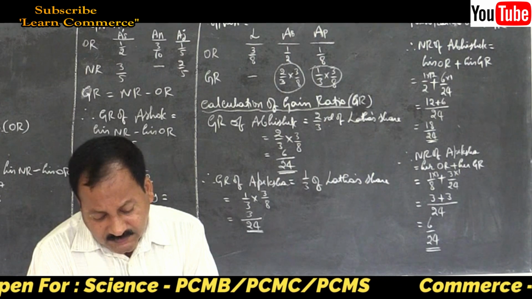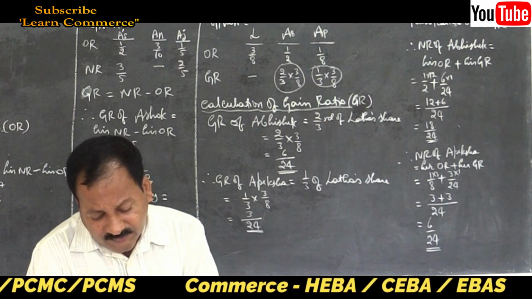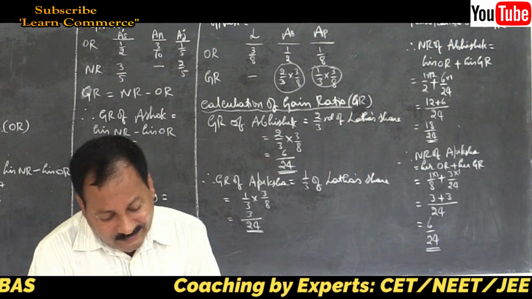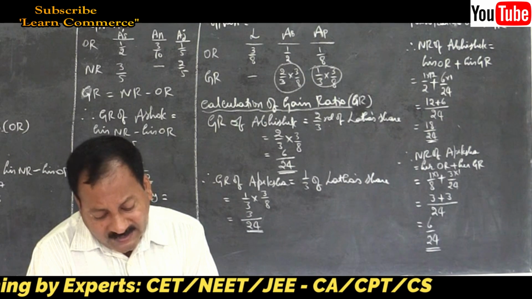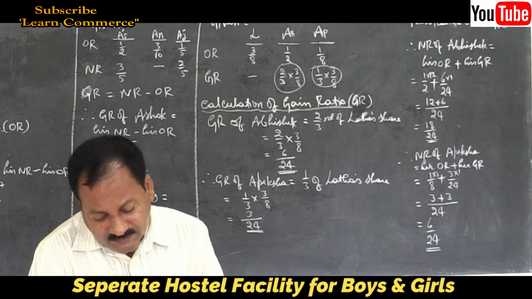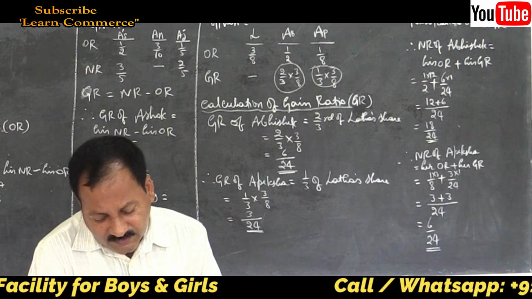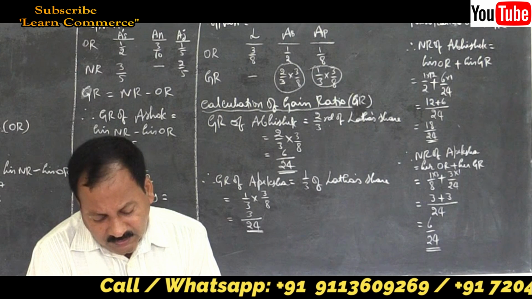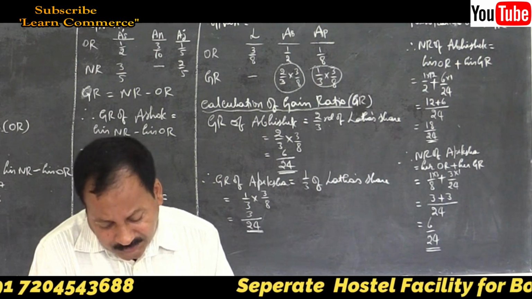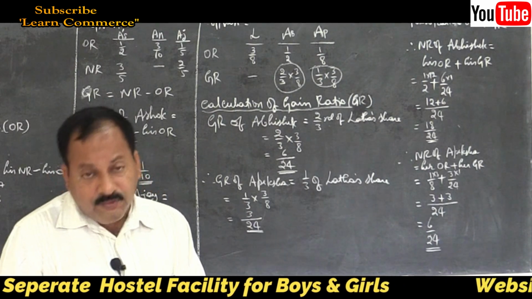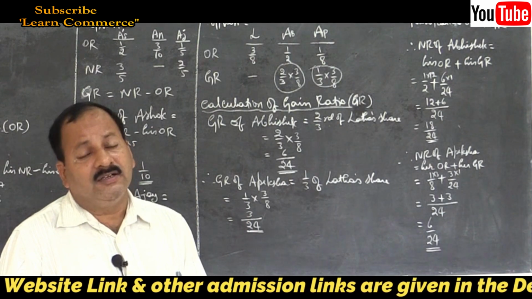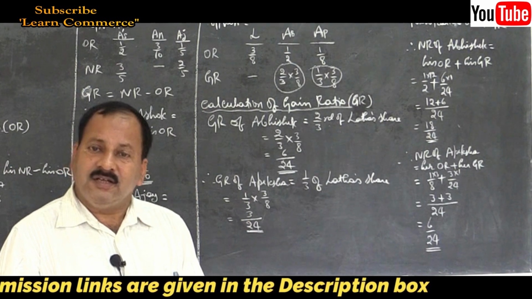So Suresh's share 3 by 10 into 2 by 3 is one partner's gain ratio. Another partner's gain ratio is Tarun's, right? So here also 3 by 10 into 1 by 3. That is what you have to do. That way you will get the gain ratio. Add the old ratio and the gain ratio together. You will get the answer.